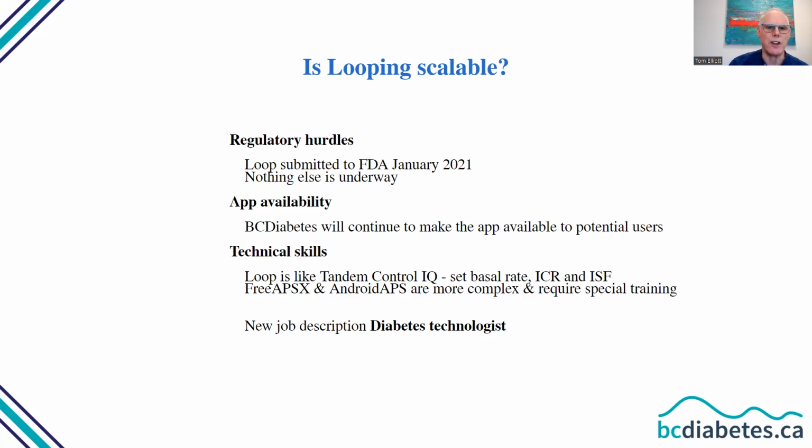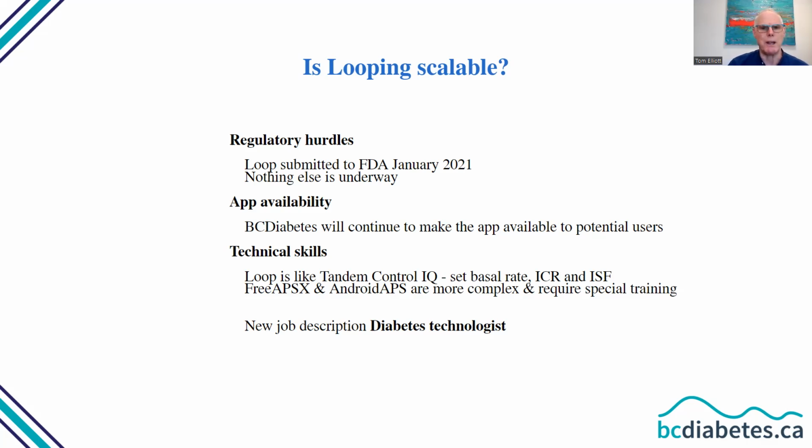The next one is the availability of the app. So at BC Diabetes, we build the app. The two iPhone apps are beta testing on Apple's TestFlight environment, and we share those apps directly.